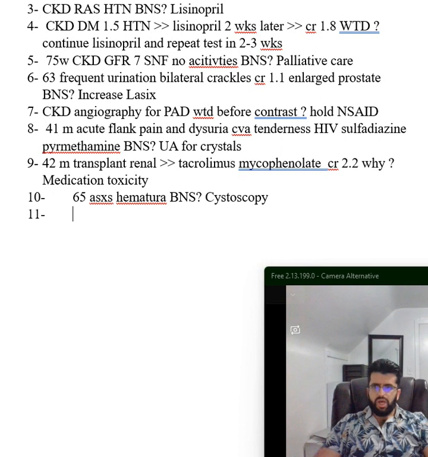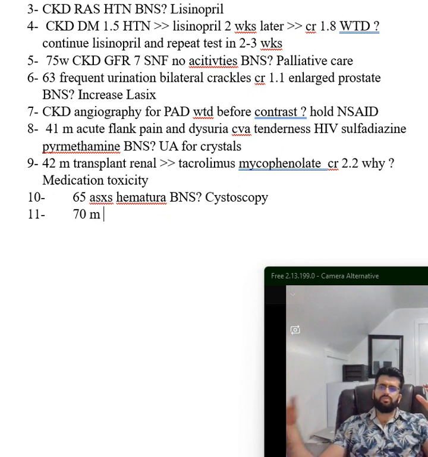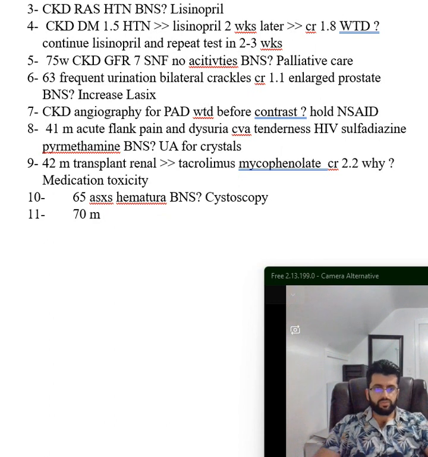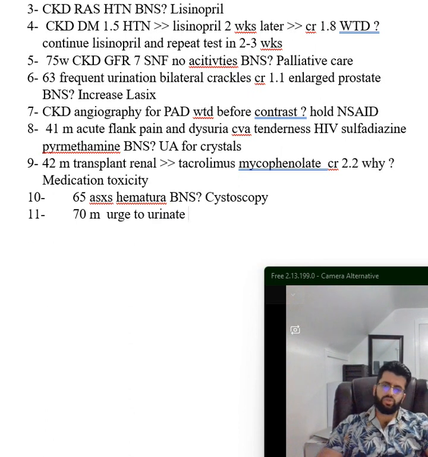Okay, now we have another 70-year-old man who came in with a continuing bladder problem. So what is the problem that he's having? The bladder problem is an urge to urinate. So this is urinary urgency.